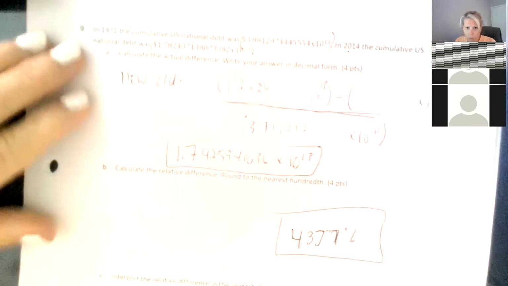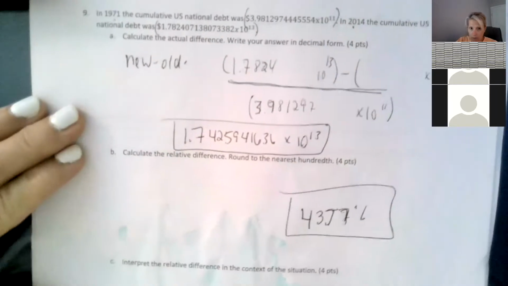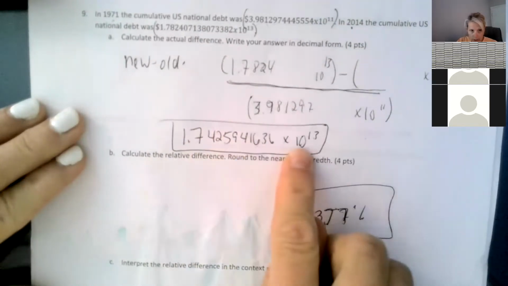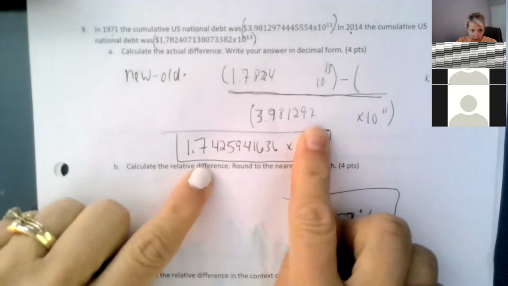Yeah, I have a question. Okay, sure, what's that? When you went over number 9 for the cumulative versus national debt, when we show the difference, you want us to write the times 10 to the exponent right here? Yeah, because if you don't, it looks like there's only a difference of 1.7.